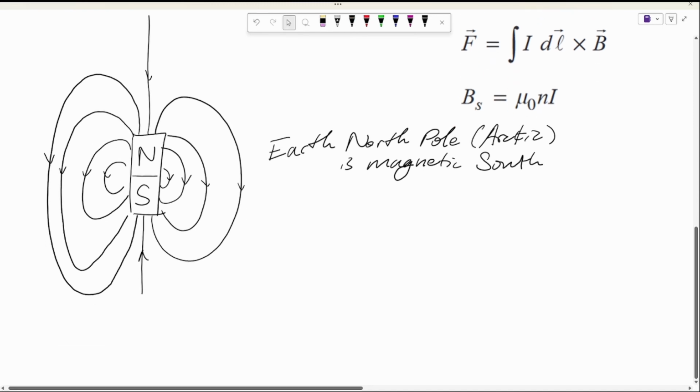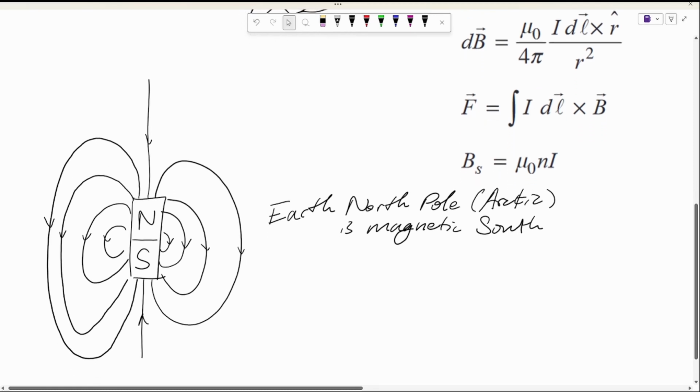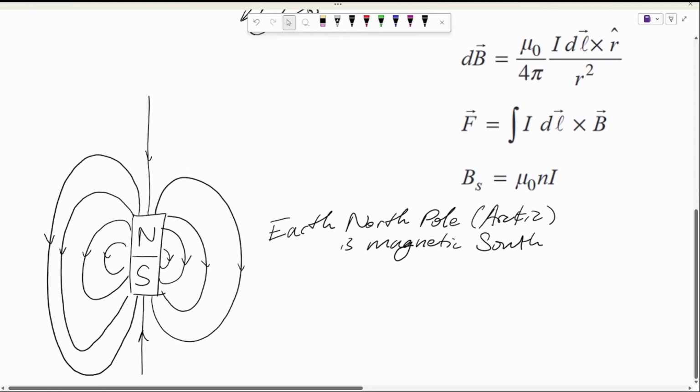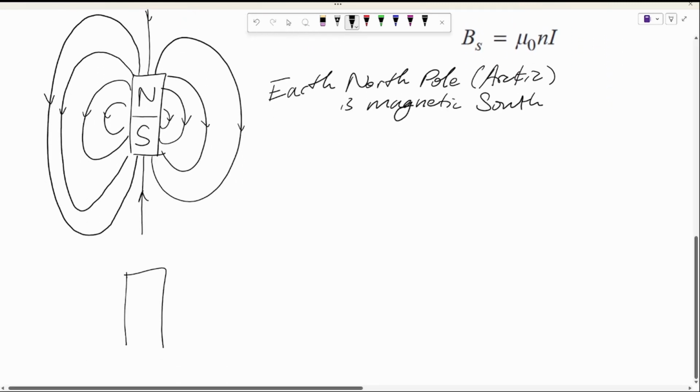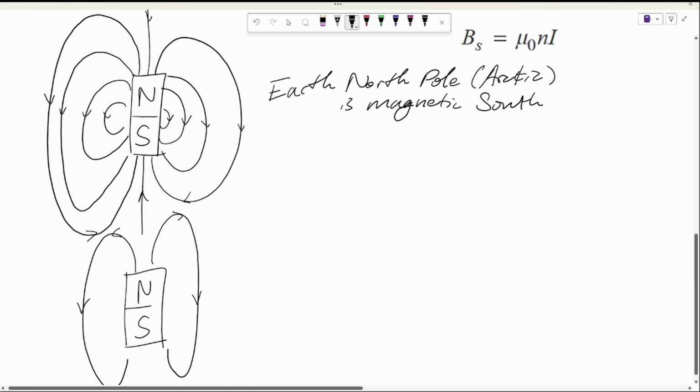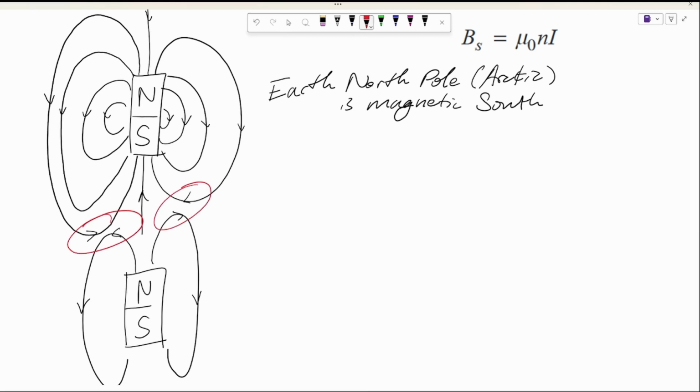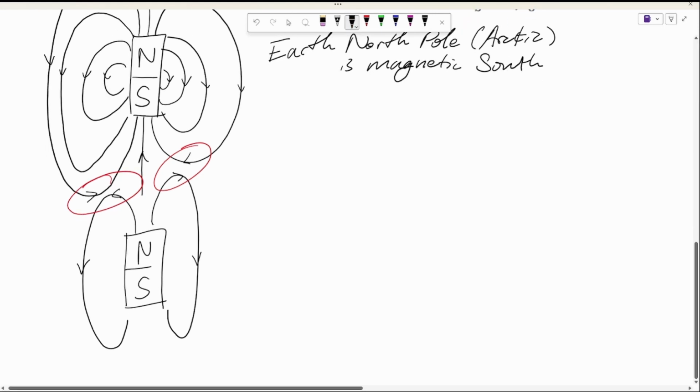Alright, so then in general, when you have two permanent magnets close together, such that their field lines will be touching, whenever they point in opposite directions where they touch, so like here, the magnets will attract, and if they point in the same direction, so if the north and south were flipped on this bottom magnet, then they will repel.